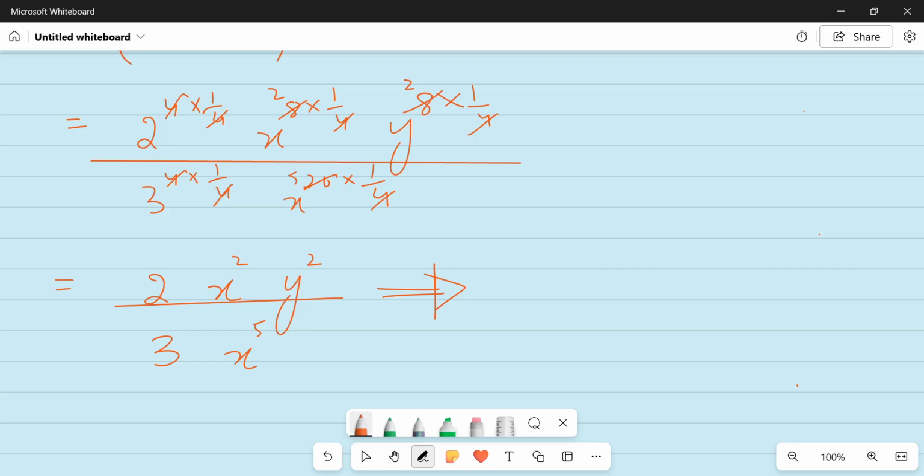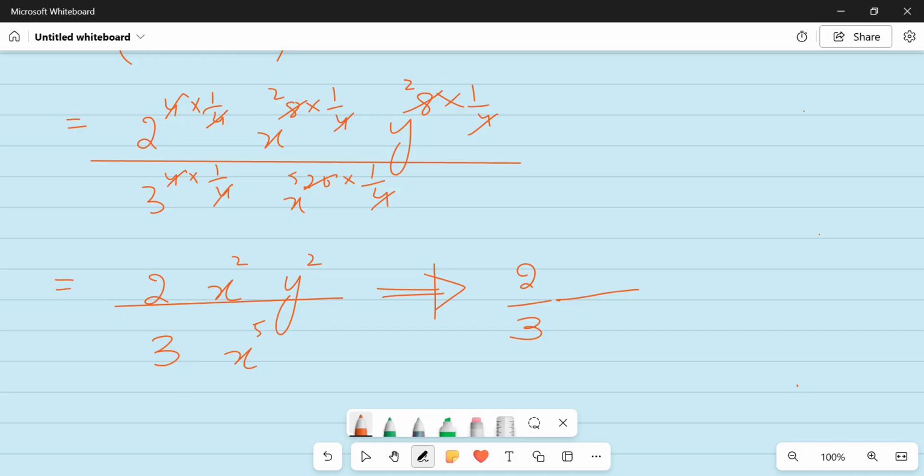Okay, now 2 over 3, right? Now let's talk about the variables x square and x5 here. If I take this x5 in the numerator, the answer comes negative because 2 minus 5, the answer comes minus 3.